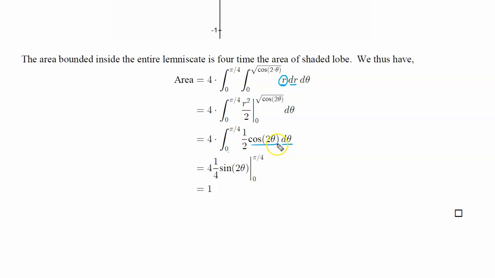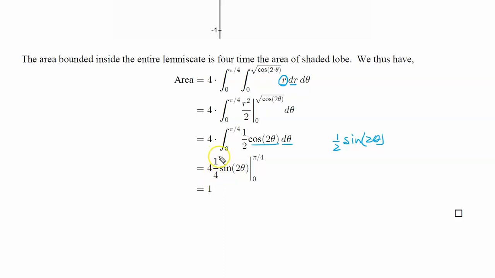The antiderivative of cosine 2 theta is sine 2 theta over 2, right? The antiderivative of this is sine 2 theta, and then we need to multiply that by 1/2 to counteract the 2 here if we were to differentiate. And so 1/2 times 1/2 gives us the 1/4 right here.